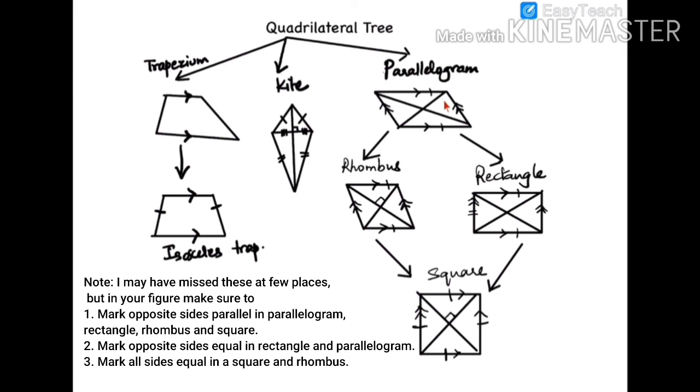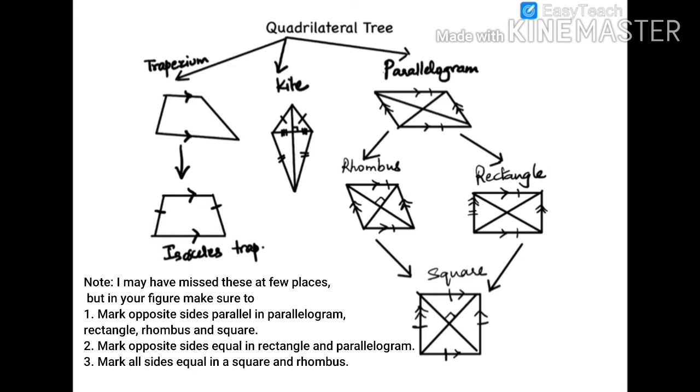A parallelogram that has all angles equal will be a rectangle. A rectangle that has adjacent sides equal will be a square. So looking at the tree, we can say that a square is a rectangle and also a rhombus.